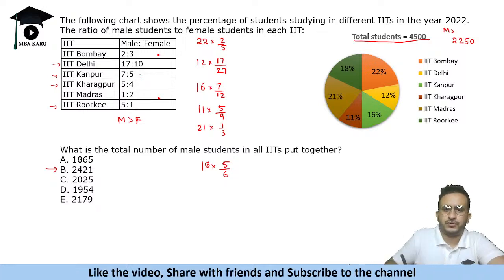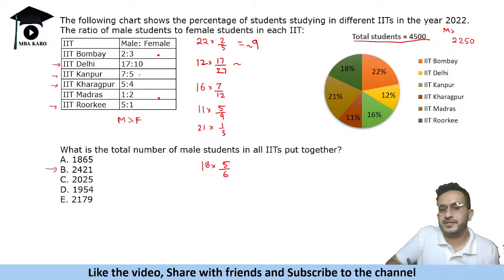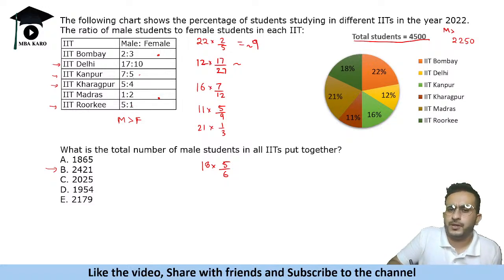Okay, so if you see this 44 by 5, so roughly 9, I'm just writing rough numbers. Okay, so 12 into 17 by 27, 18 by 27 is 2 by 3. So like 8, let us write 7.5. Okay, 8 से थोड़ा कम. 112 by 12, 9 point something, right? So let's write 9%.